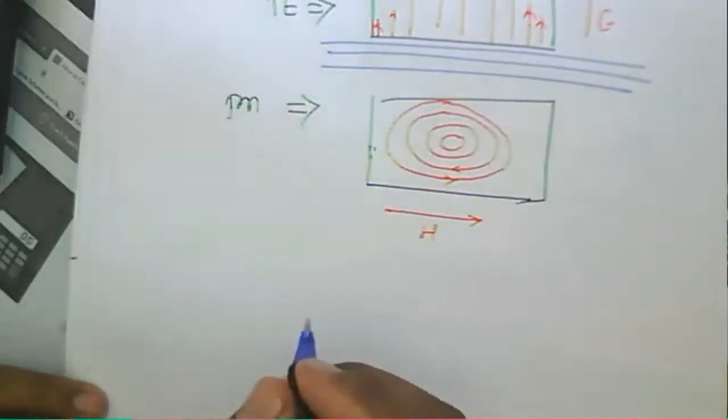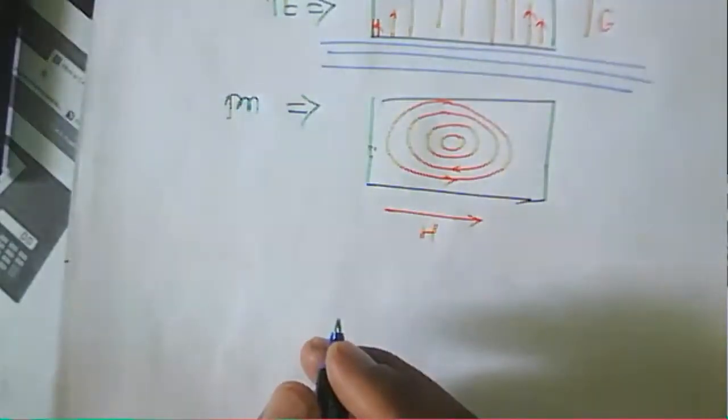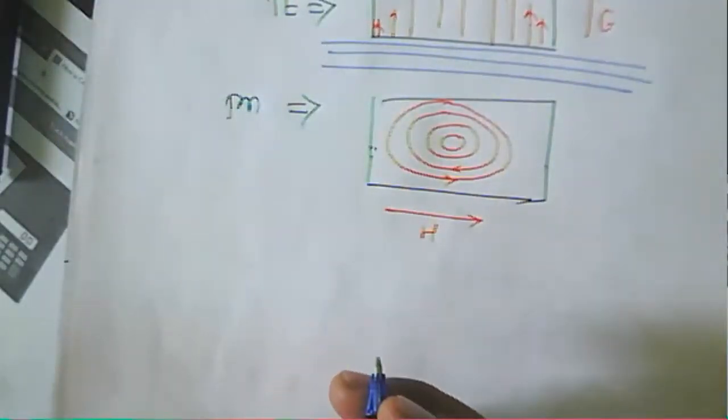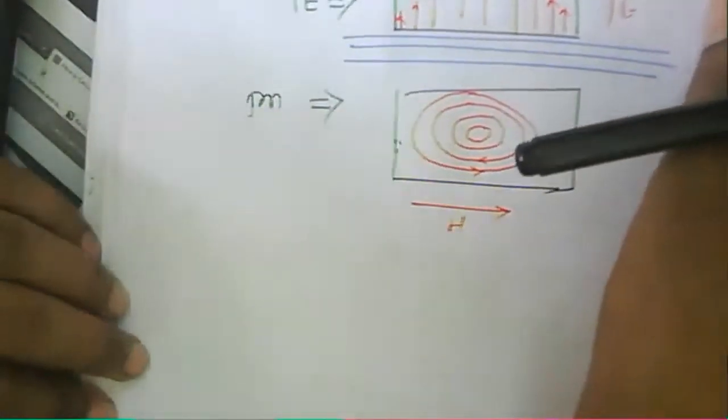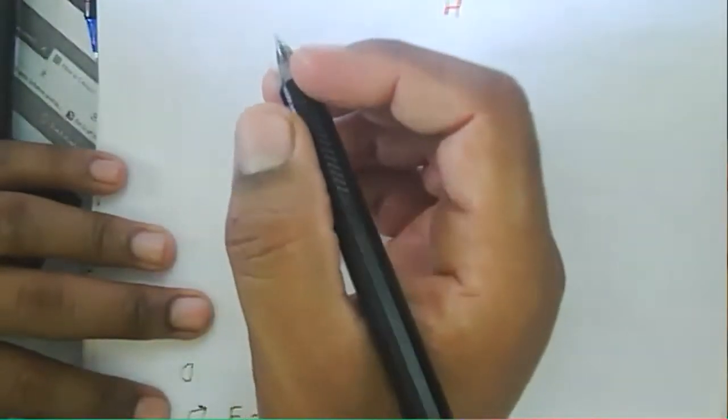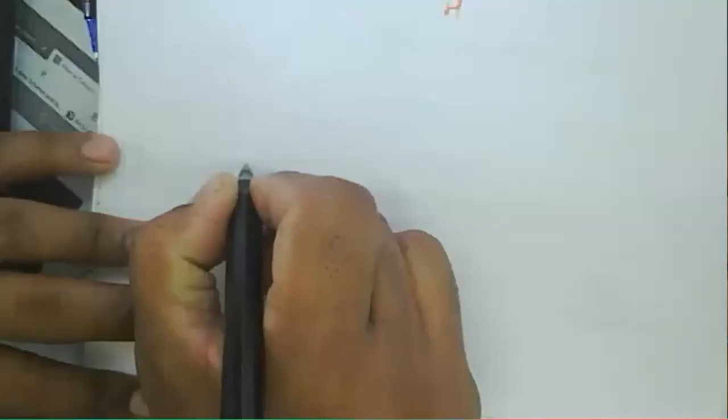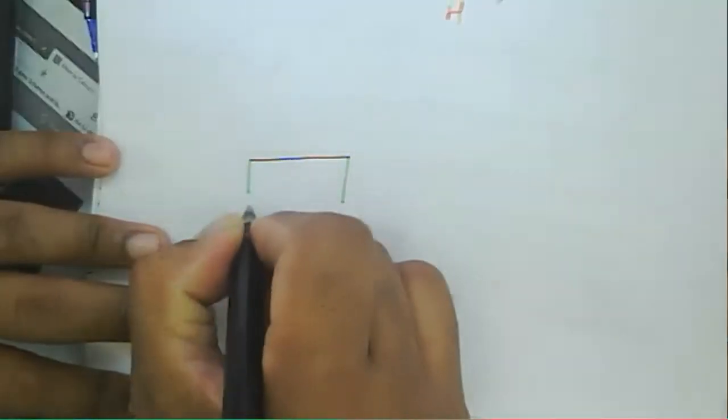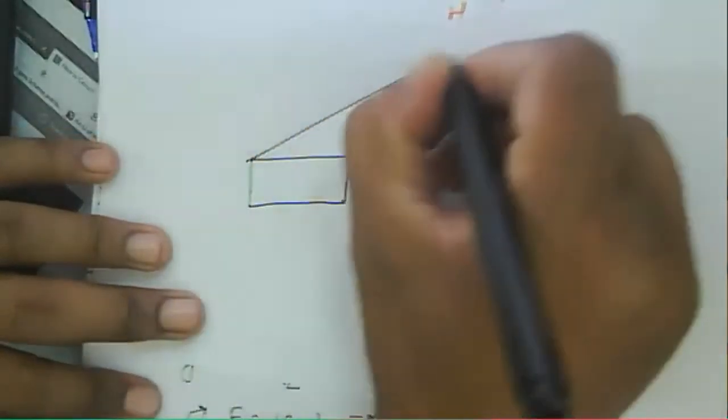So in this way, you can find out what the modes are in a given waveguide. Based on the modes, you can find out the various excitations in a rectangular waveguide. Excitations means how you are providing the input to the guide. So generally we say rectangular waveguide shape.